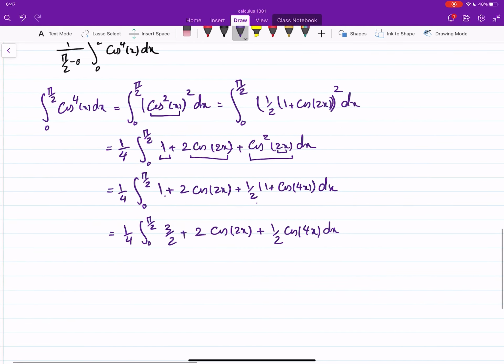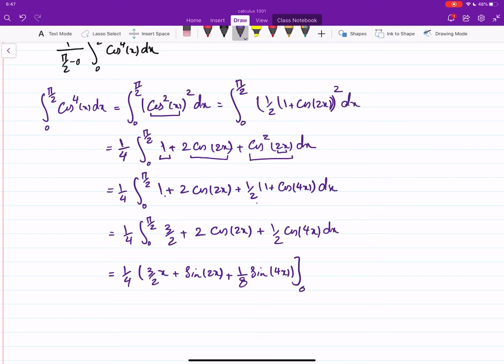Now apply each rule that we know for each one of these terms. So this is 3 over 2 x. The other one is 1 over 2 sine of 2x, so that will give me sine of just 2x, plus 1 over 4 sine of 4x times 1 over 2, so it will be 1 over 8 sine of 4x.